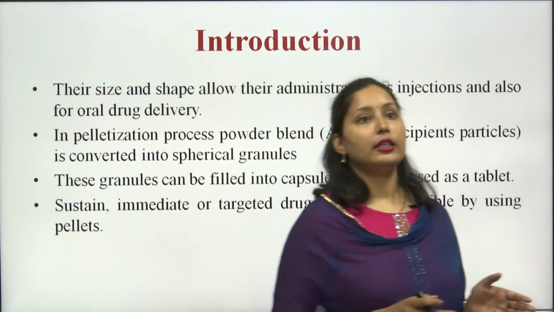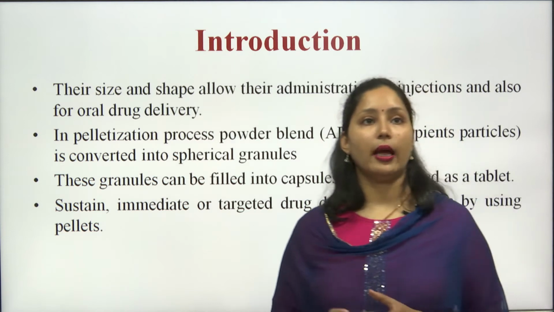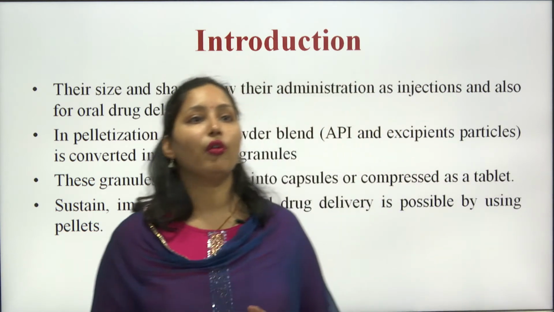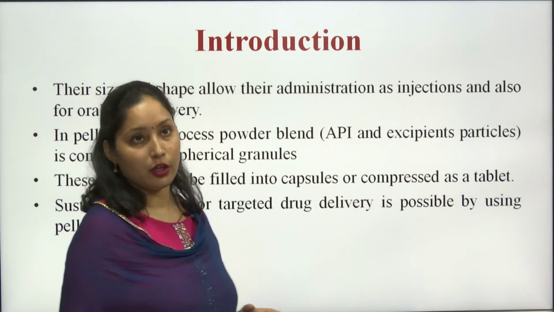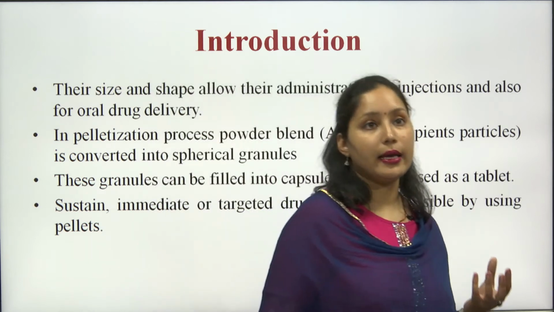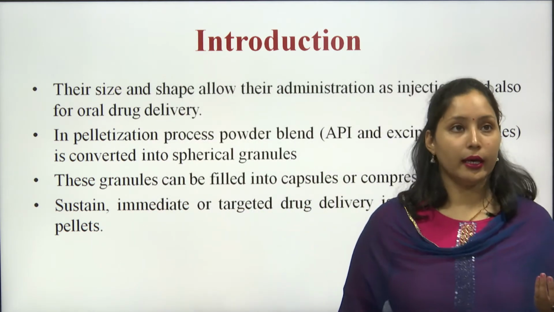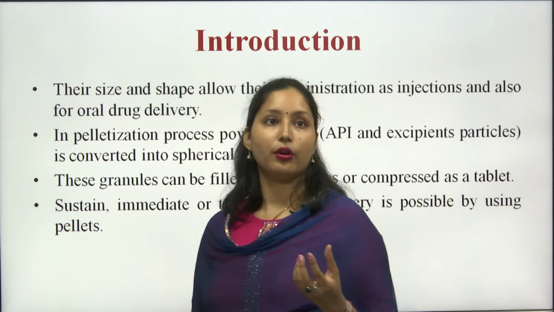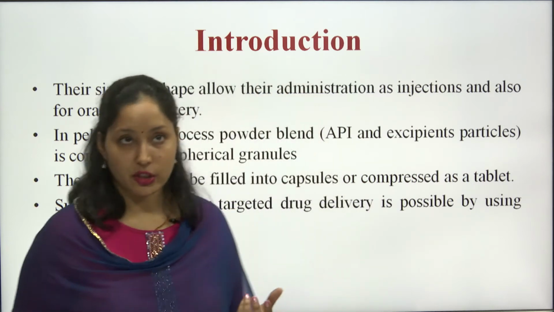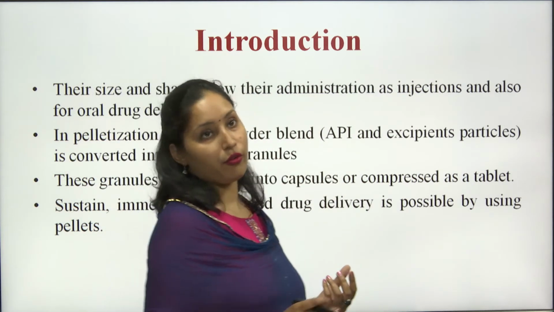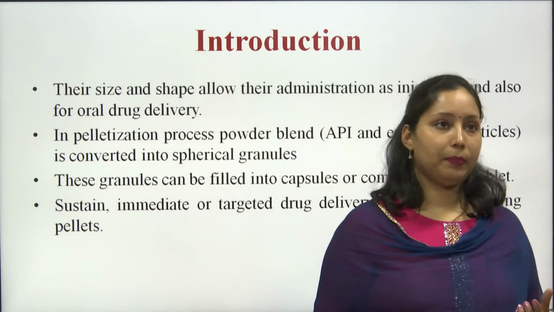Their size and shape allow administration as injection and also for oral drug delivery. Due to their small size, pellets are preferred for administration in injections as well as for oral drug delivery purposes.